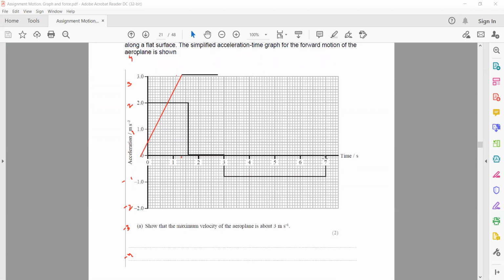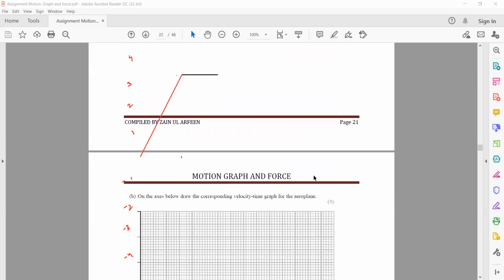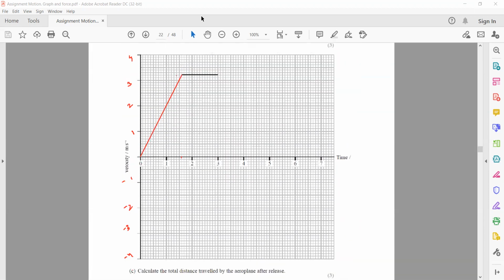From 3 to 7 it's a constant deceleration, and at 7 seconds it stops. So this is the graph, and then they ask for the distance traveled.